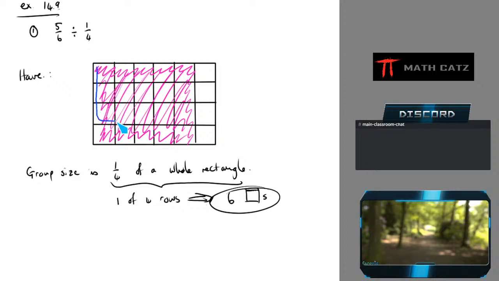There is one group of 6 I can make, or I can say 6 can fit in 1 time so far. 6 can fit in, that's 2, 3, maybe like this. It really doesn't matter, right? As long as I fit in the group size as many times as I can. And then here I can fit it in.